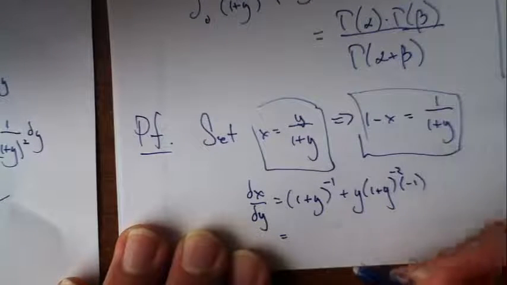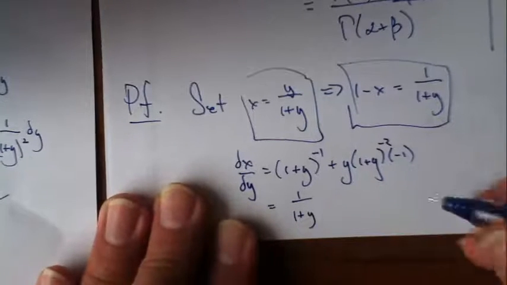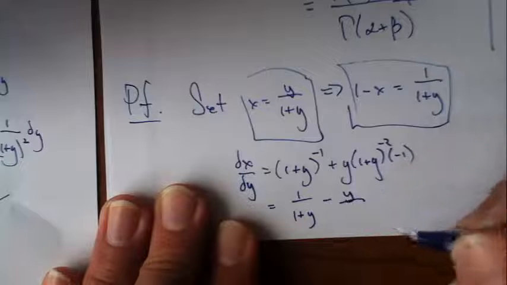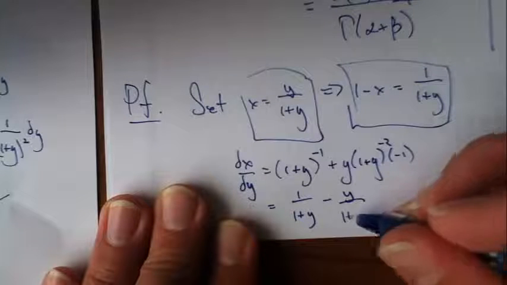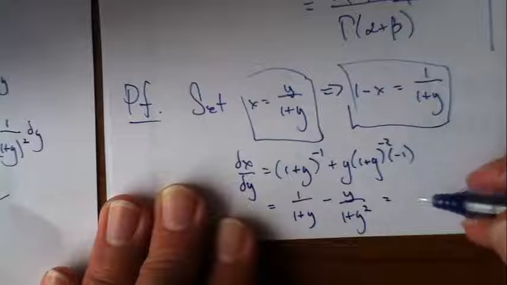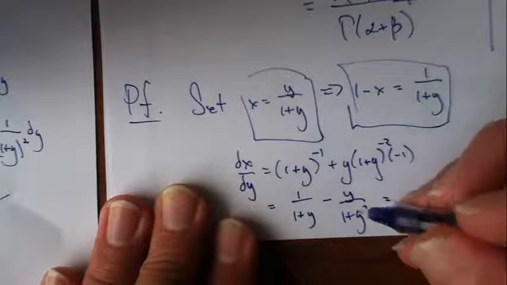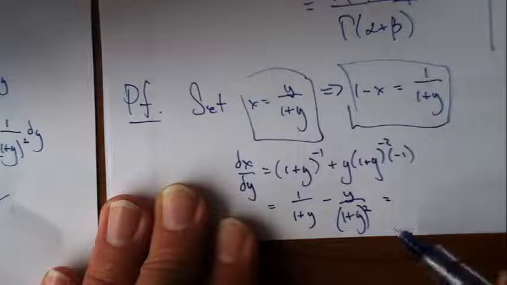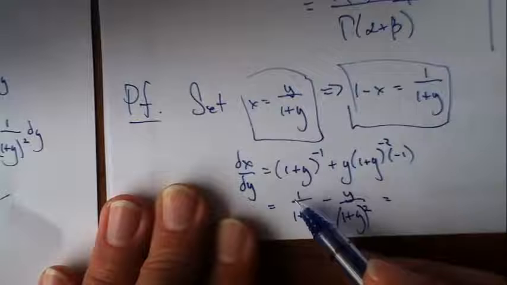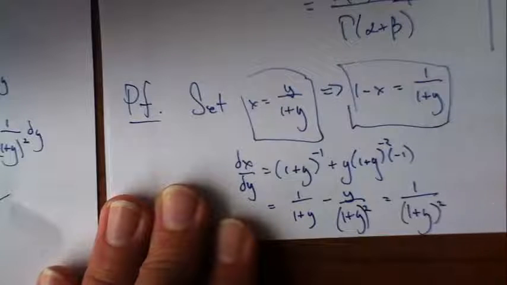And so this actually just works out to be 1 over 1 plus y minus y over 1 plus y squared. And I can combine those terms: if I multiply top and bottom here by 1 plus y, I get 1 plus y in the top, minus a y. It's just 1 over 1 plus y quantity squared.